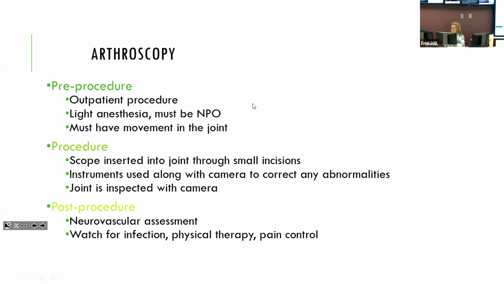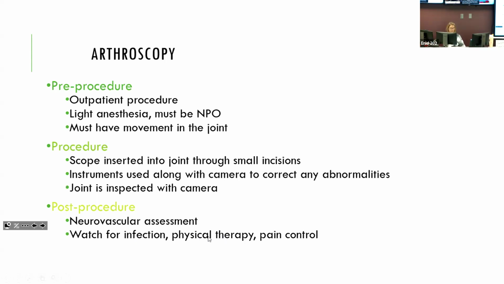They have instruments they use along with a camera to correct any abnormalities, and the joint is inspected with the camera. After the procedure, you want to do a neurovascular assessment: check your pulses, check for warmth, check for cool skin, check for paleness, those types of things. And then, of course, just like anything, you want to watch for infection. They may need physical therapy.